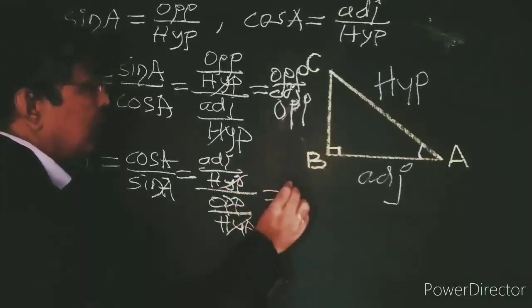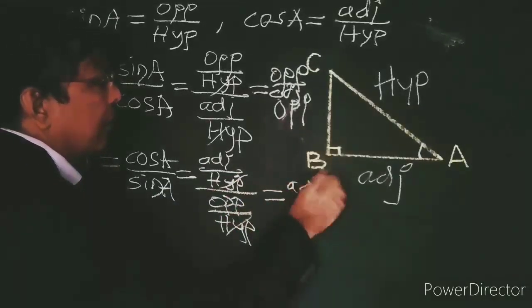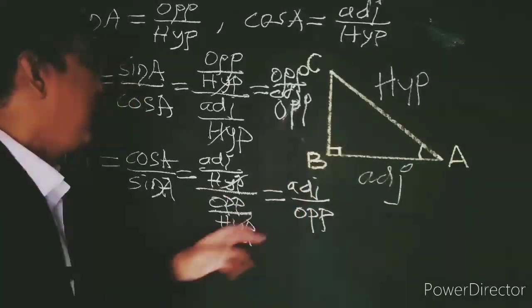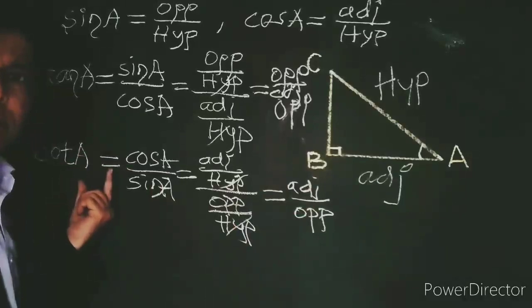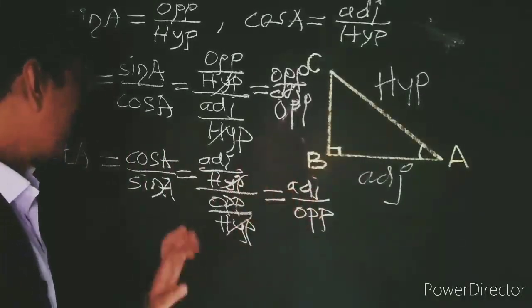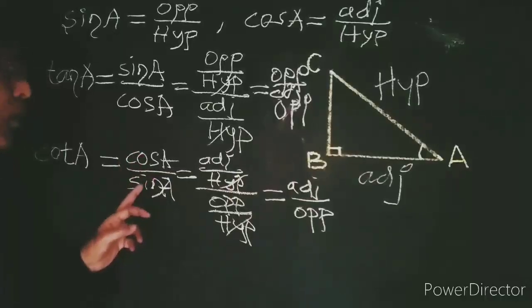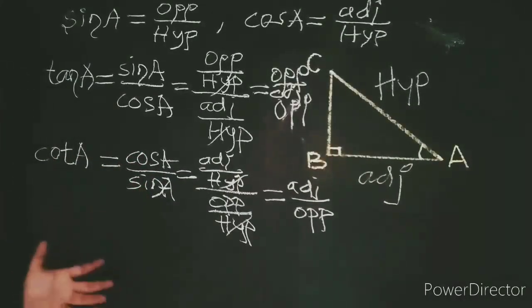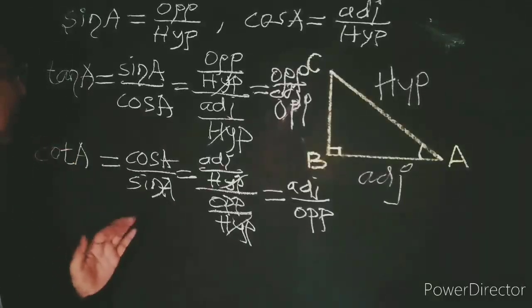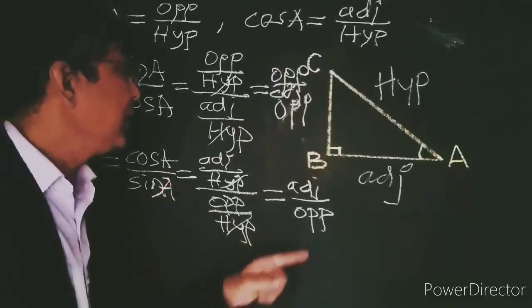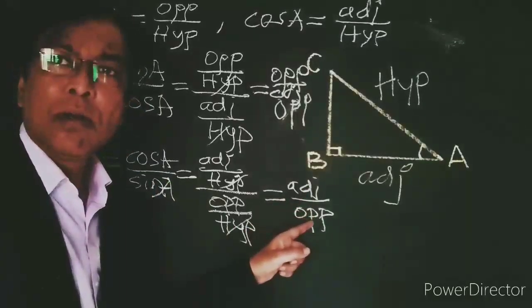Hypotenuse gets cancelled. We get adjacent side upon opposite side. This is the ratio of cot A. That means we can get the cot ratio by dividing cos upon sine. In other words, cot is nothing but cos A divided by sin A, or we can say adjacent side upon opposite side.